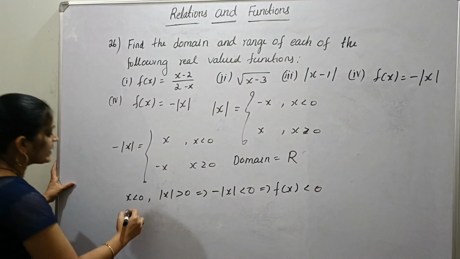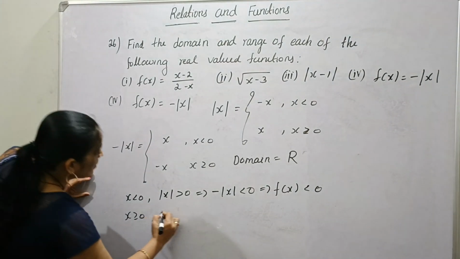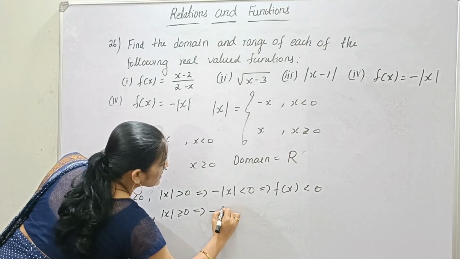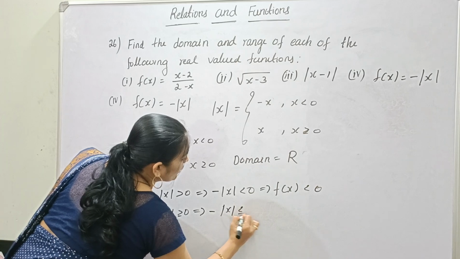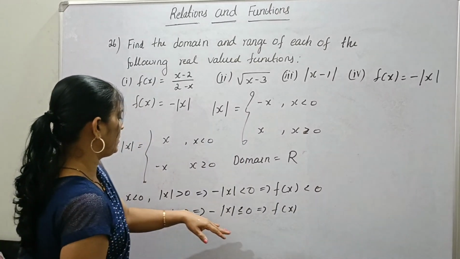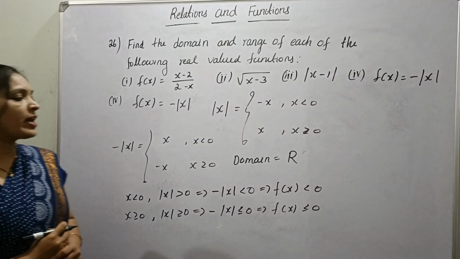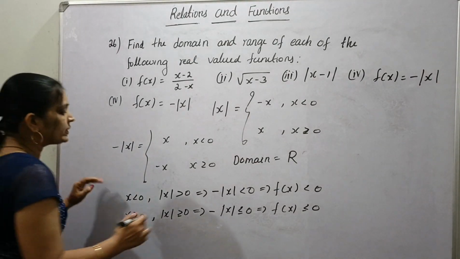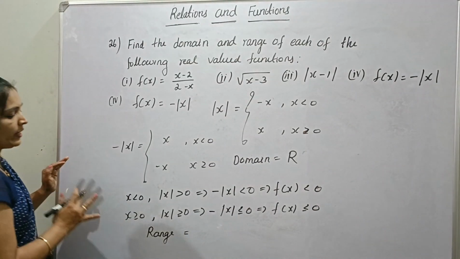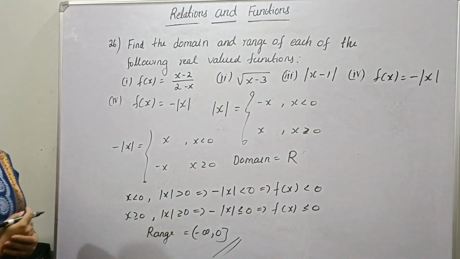And next, when x is greater than or equal to 0, modulus x is greater than or equal to 0, that implies minus modulus x is less than or equal to 0, that is f of x is less than or equal to 0. So here also we have got f of x less than or equal to 0. Therefore, the range is all values up to 0, that is minus infinity to 0. It is the range of this function.